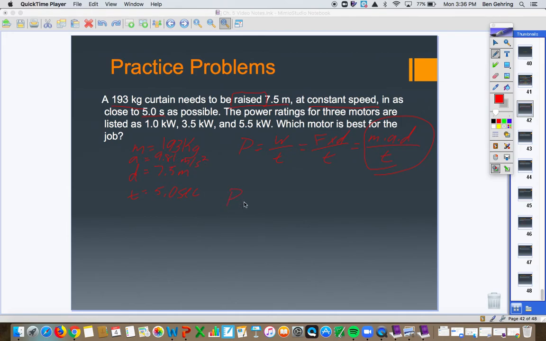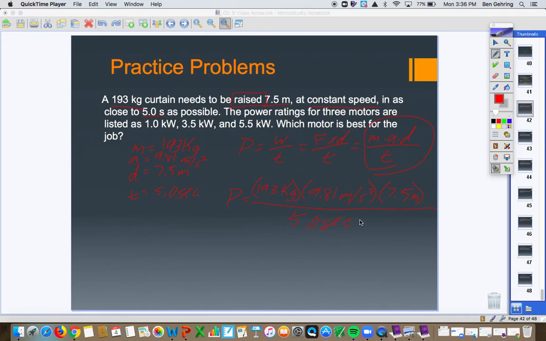So now if I plug this in, power equals my mass, 193 kilograms, times my acceleration, 9.81 meters per second squared, times my distance, 7.5 meters, all to be done in as close to 5.0 seconds as possible. I'm going to take a calculator and use 193 times 9.81 times 7.5 and divide that by 5.